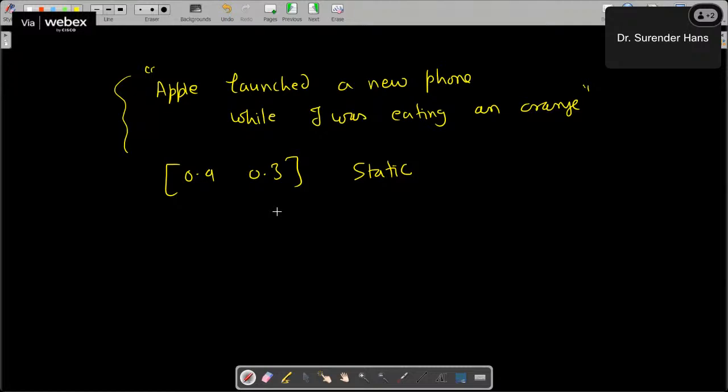It's a technology. So ideally, it should be a contextual embedding instead of this static embedding.